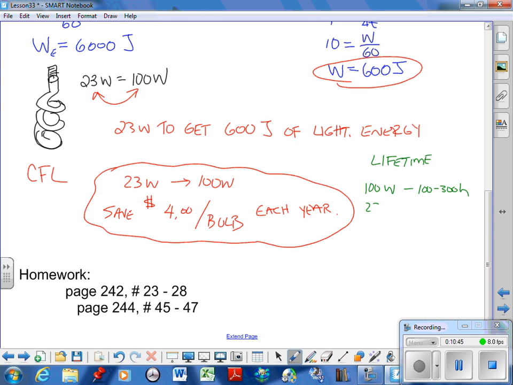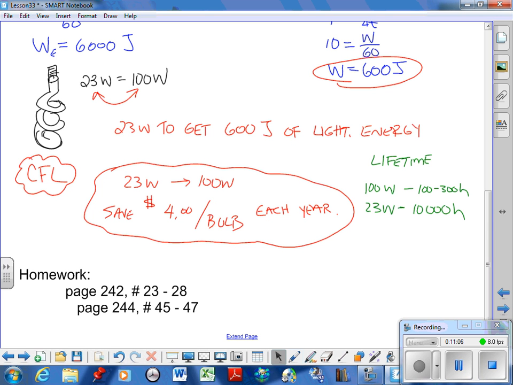Whereas this 23 watt light bulb will last something like 10,000 hours. So for example, in my house, 5 years ago, I put in all these CFLs. I haven't changed a light bulb in 5 years. So it feels kind of weird when you have that.